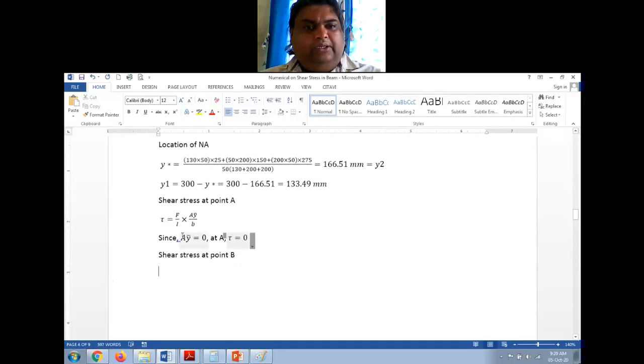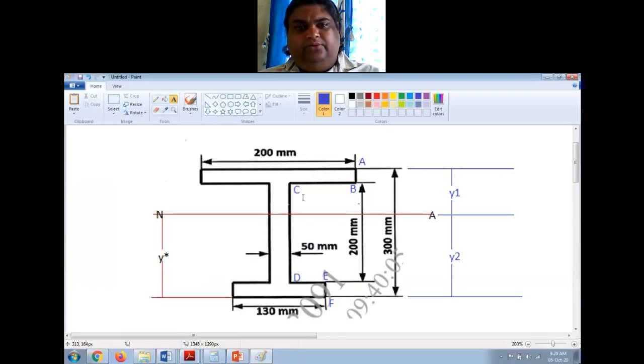So A y bar is equal to area moment, right? So area of this rectangle is 200 by 50.